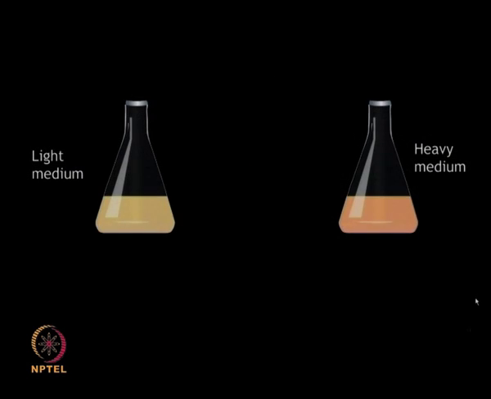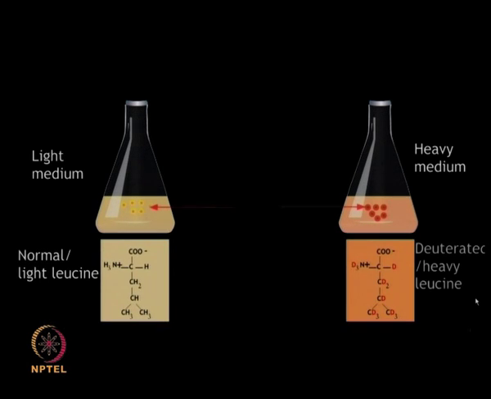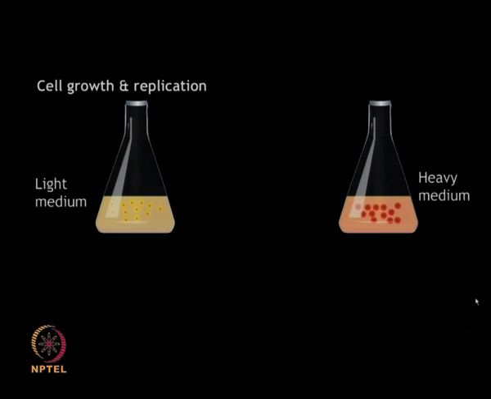In SILAC method, two groups of cells are cultured in media that are identical in all aspects except that one contains a heavy isotopic analog of an essential amino acid, while the other contains the normal or light amino acid.